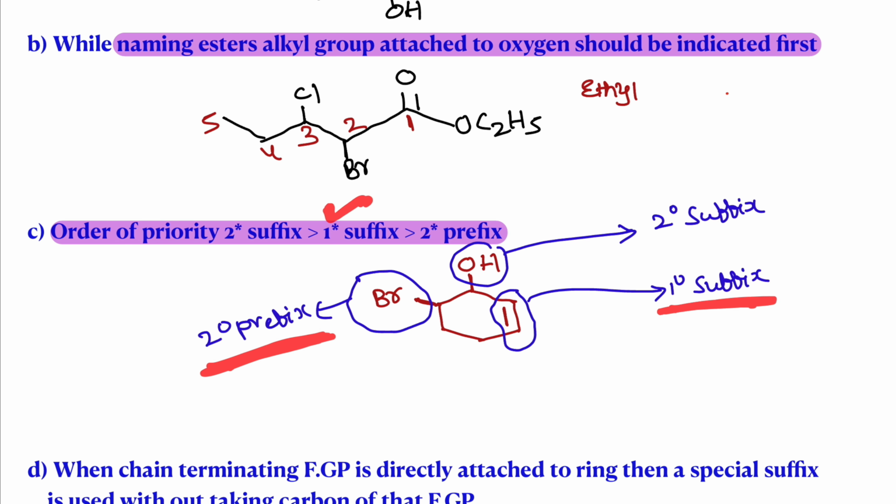Primary suffix always receives more priority when compared to secondary prefix. So the correct numbering will be: this is the first carbon, this is the second carbon, this is the third, this is 4, this is 5 and this is 6. So this is about order of priority.